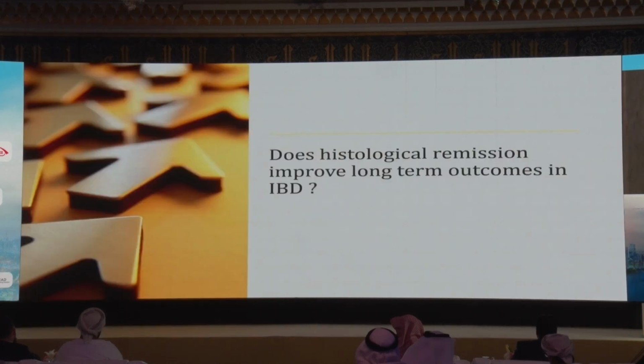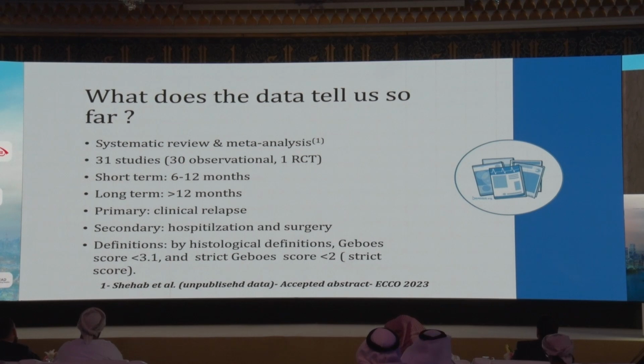So this is another one I'm showing you: does histological remission improve long-term outcome, which is the most important clinical question? This is the systematic review that we're presenting next month at ECCO. We did a meta-analysis of all the data: 31 studies, 30 observational and 1 RCT. We defined short-term outcome as 6 to 12 months in remission, and long-term as more than 12 months.